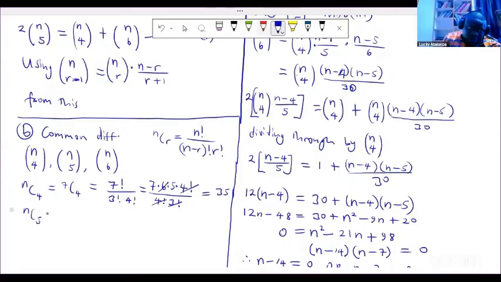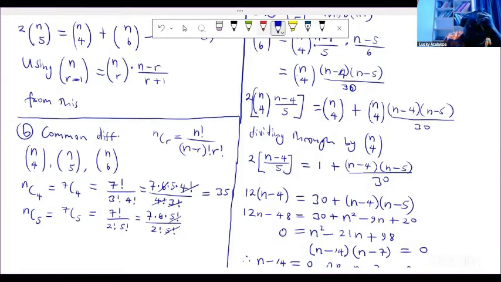Now n combination 5, where our n is still 7. So using 7 factorial over 2 factorial, 5 factorial. This will be 7 times 6 times 5 factorial over 2 factorial, 5 factorial.